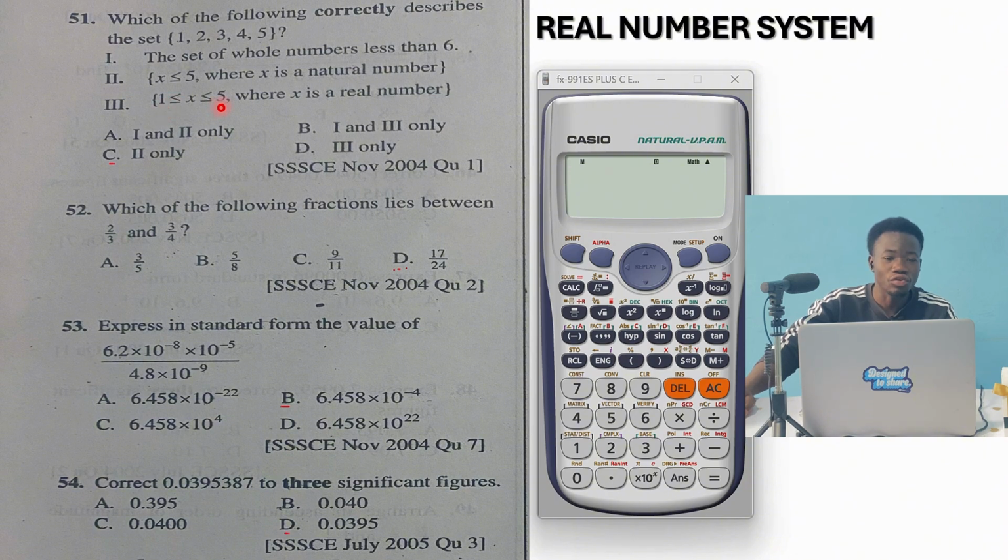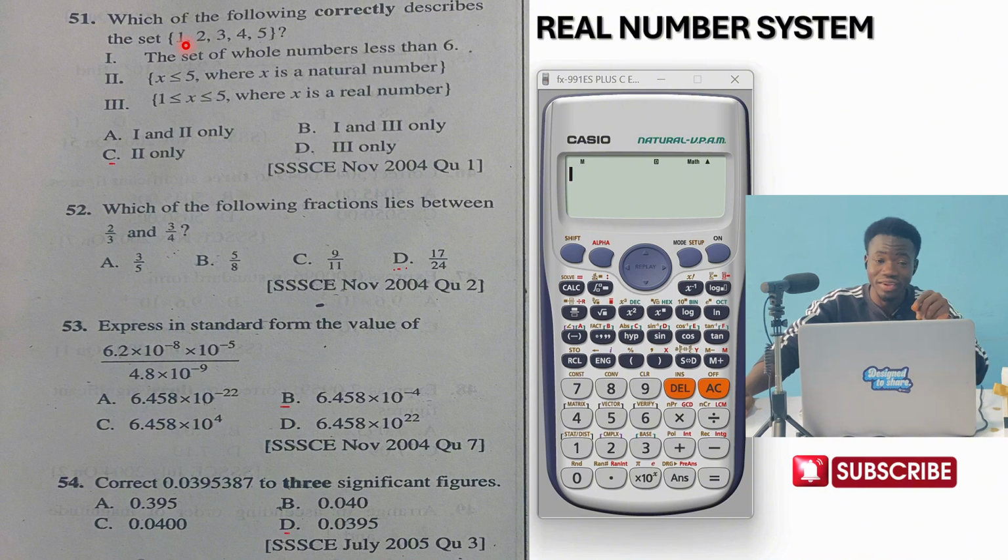So it's true. But the other statement, where x is a real number: if x is a real number, then it means that there are a lot of values that lie between 1 and 2, 2 and 3, like 0.5, 1.5. So there are real numbers inside there which are not inside this set. That makes the last statement also invalid.